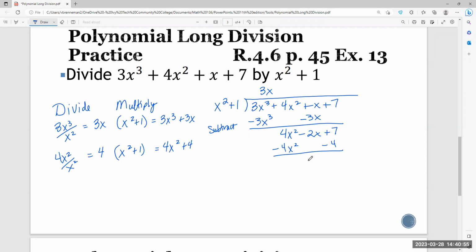And now I have left negative 2x plus 3. At this point, the negative 2x plus 3 is all that's left of the dividend, and it's a lower degree than the x squared. So this is now the remainder. And I forgot to write, but I have a plus 4 here, but the division result will give me the quotient.